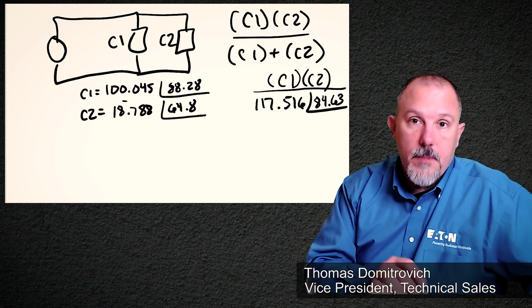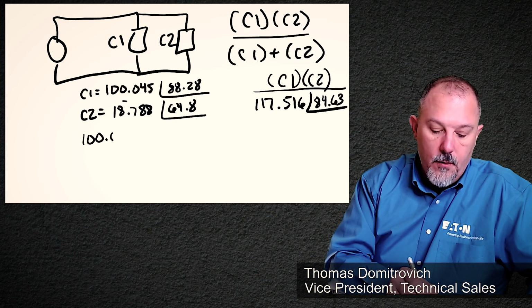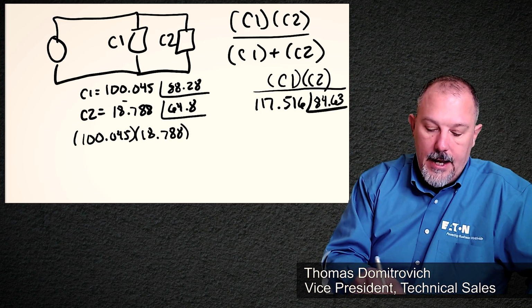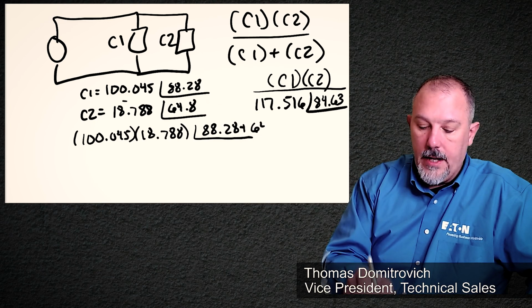So if I want to multiply C1 times C2, I take 100.045 times 18.788 at an angle of 88.28 plus 64.8.